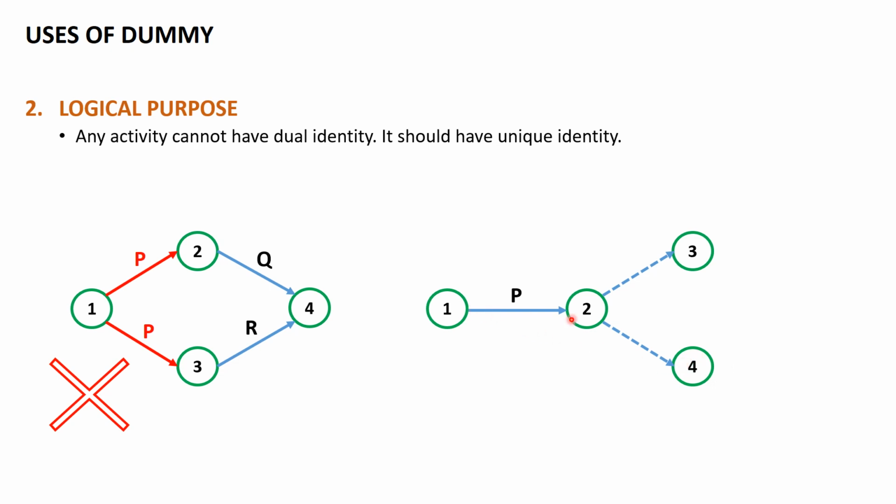Whatever is the time and the resource that has been consumed by activity P, for example, if the duration of activity P is 2 days and it is consuming 2 resources, then the same value of 2 days and 2 resources will be moved towards event number 3, and the same quantity of 2 days and 2 resources will be moved towards event number 4, right?